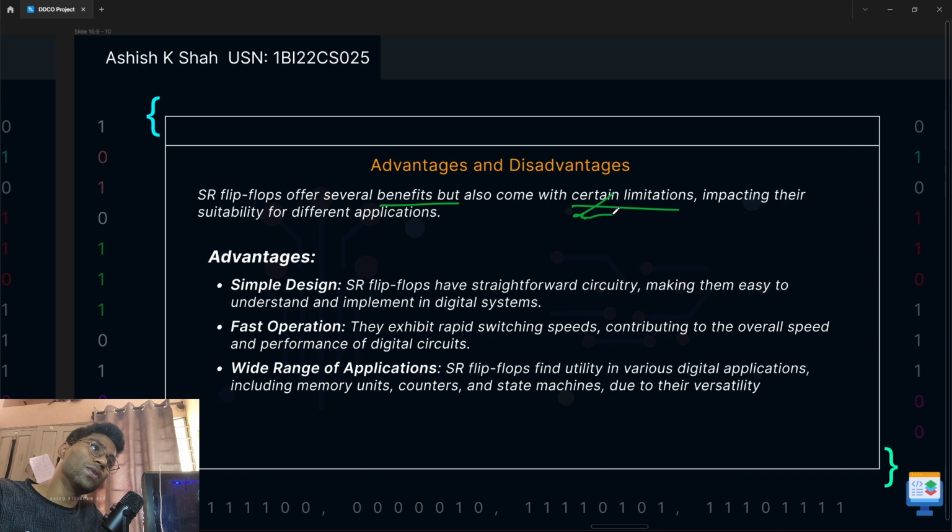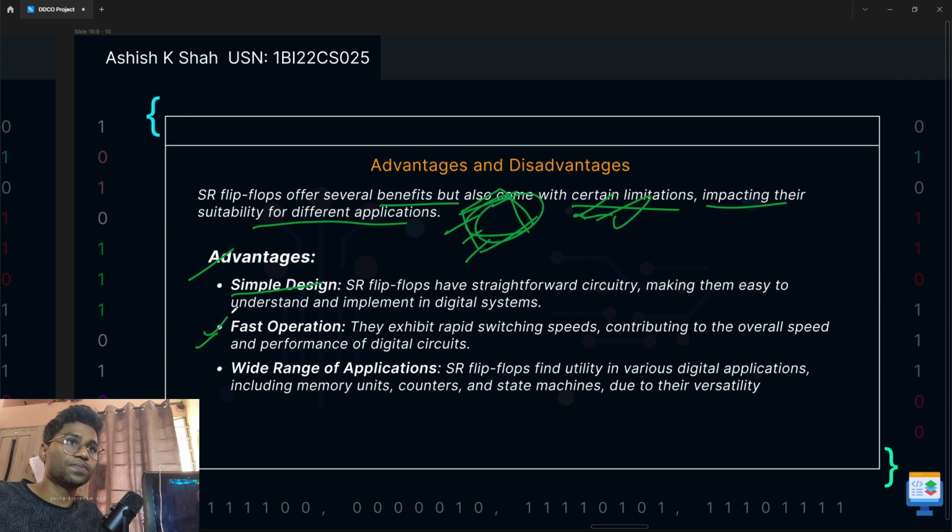We can't use it everywhere. We can't do everything using only SR flip flops, which impacts their suitability for different applications. What are the advantages? First, simple design. We have seen how simple its design is. We use NAND gates, and it is packed in a compact circuit.